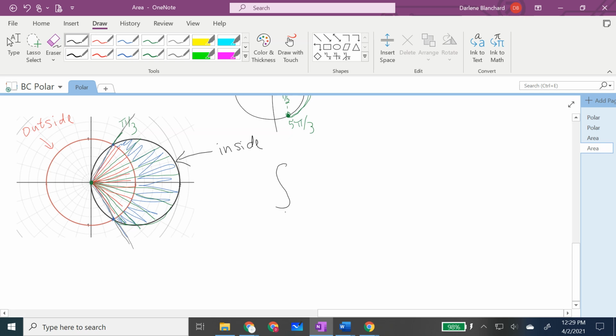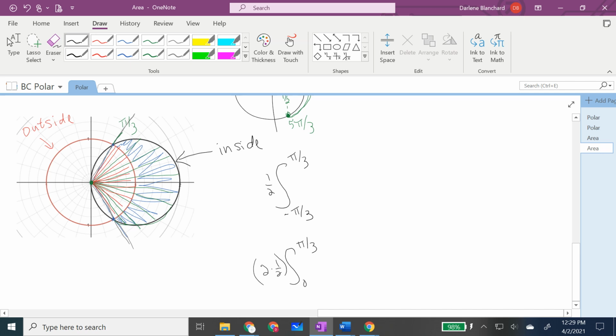So one option is you're going from negative pi over 3 to positive pi over 3. But realize another option is they might be looking from 0 to pi over 3 and doubling. And I'm going to write a 2 times 1/2 to make sure you're clear that that's what I'm doing, but you're not going to see anything there on a multiple choice answer. Here you're going to have a 1/2.